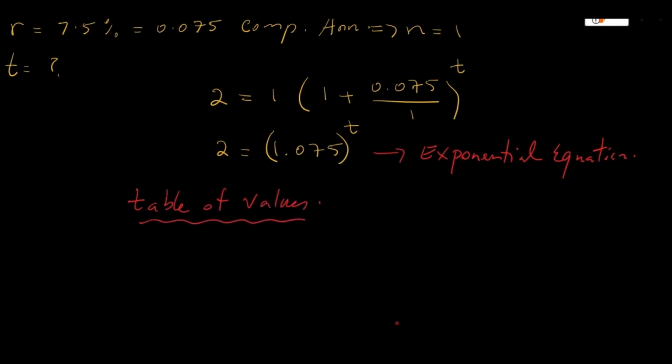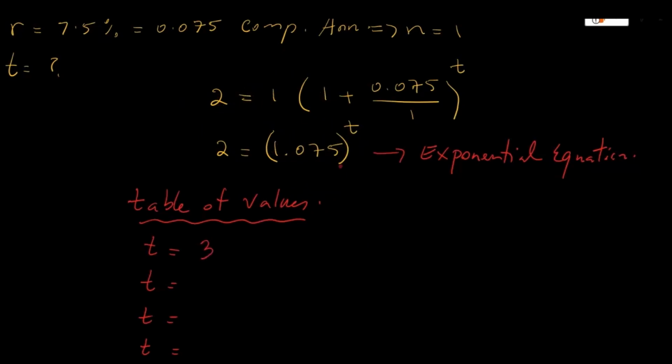What does that mean? You choose some random numbers that are reasonable, plug them in, and see what you end up getting. Because it says doubling and the interest rate is under 10%, I suggest you start there.